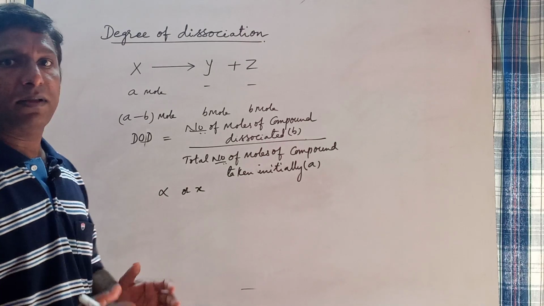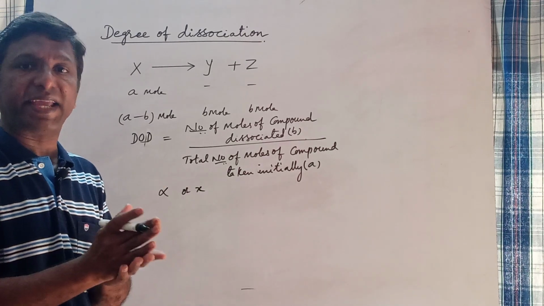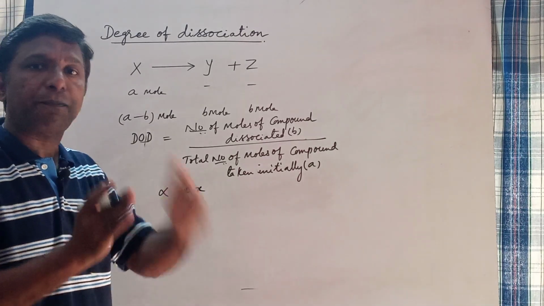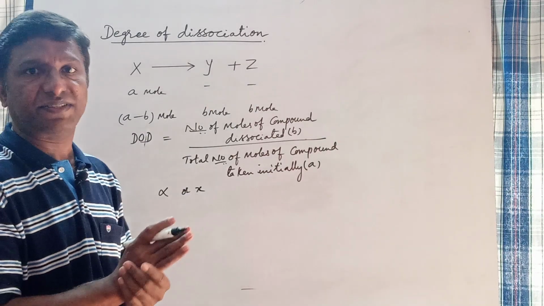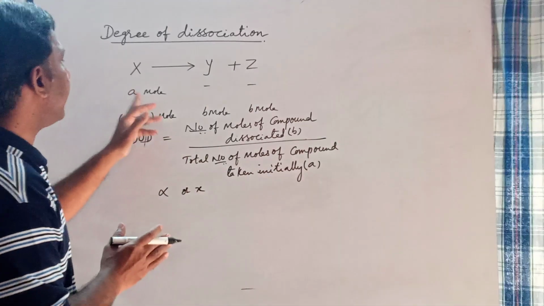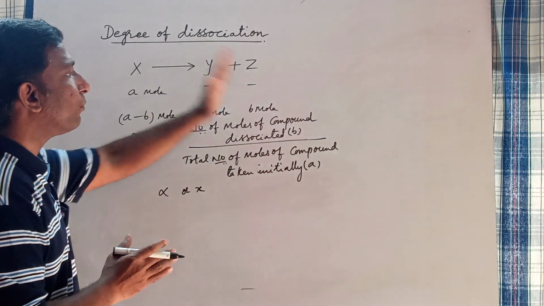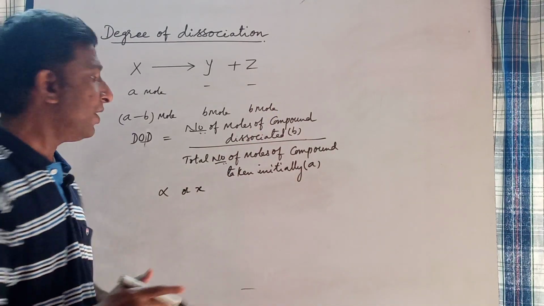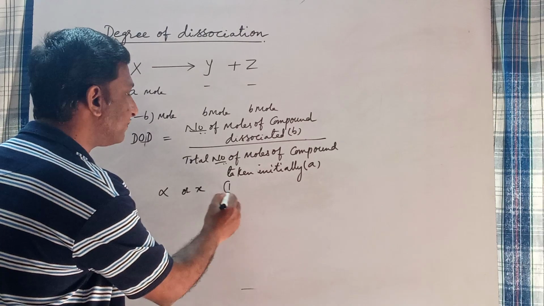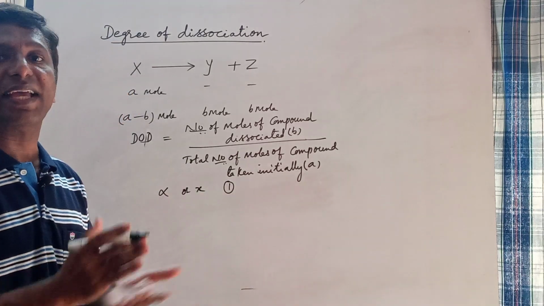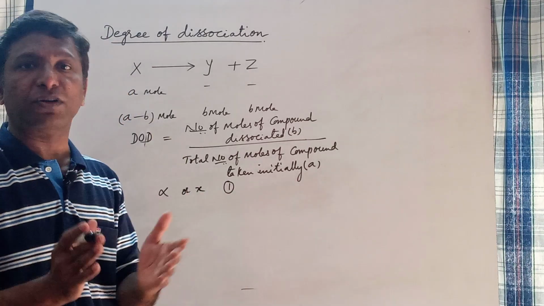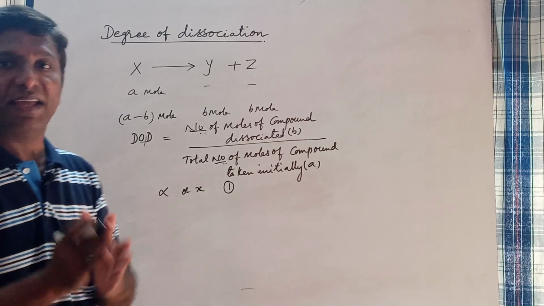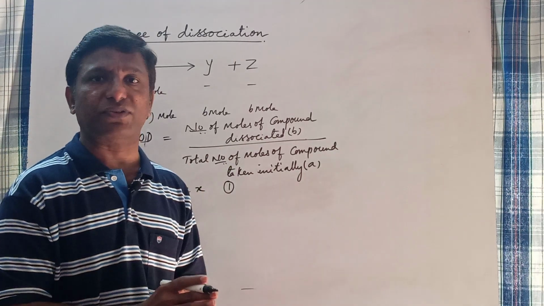If all the moles taken initially are completely decomposed to products, then the degree of dissociation value is equal to unity. But in many cases, all the moles of reactant compound taken are not completely decomposed.